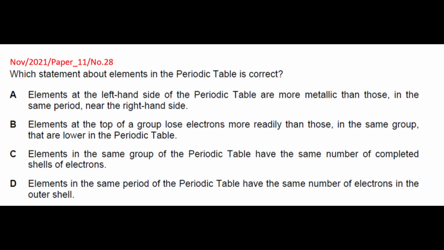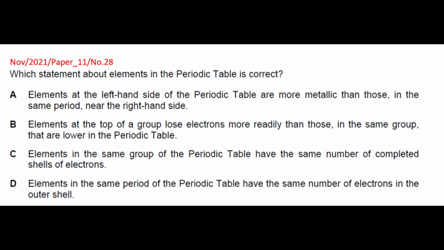Our Bravo option says that an element at the top of the group loses electrons more readily than those in the same group that are lower in the periodic table. Before I tell you if this option is wrong or right, let me explain the group properties. Groups are, of course, the vertical columns. In the group, when we are coming from top to bottom, we know that atomic size increases.